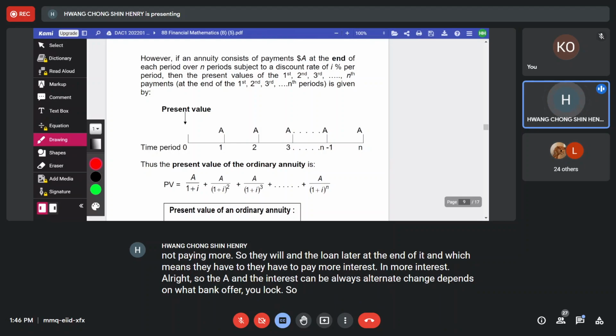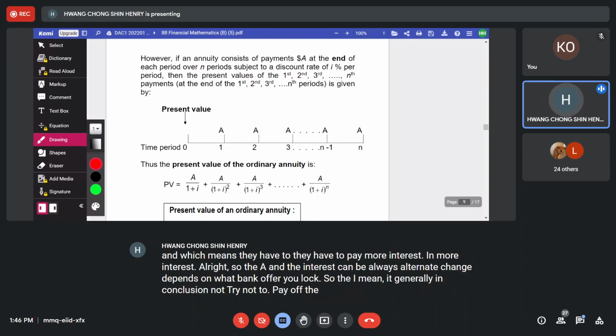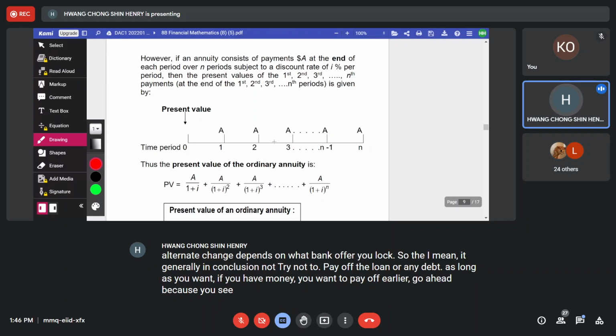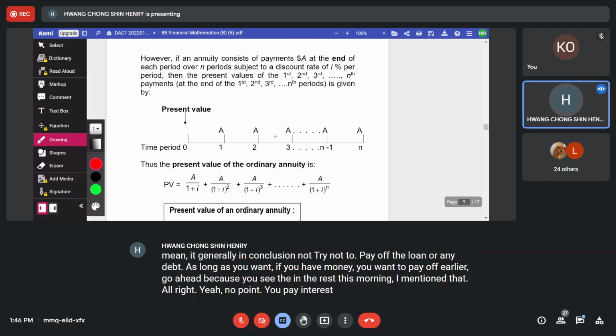So in general, in conclusion, try not to carry the loan or any debt as long as possible. If you have money and want to pay off earlier, go ahead, because you save the interest. This morning I mentioned that. There's no point paying interest, because interest is something extra you pay.